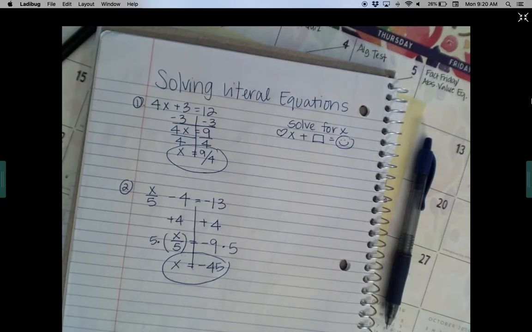What is smiley face minus square? There's no squares in a smiley face. I'm so confused. Do we just make up numbers for them? You need to subtract the box from the smiley face.